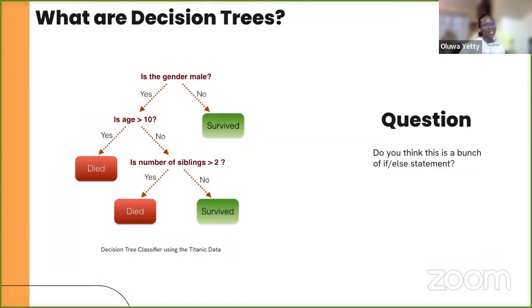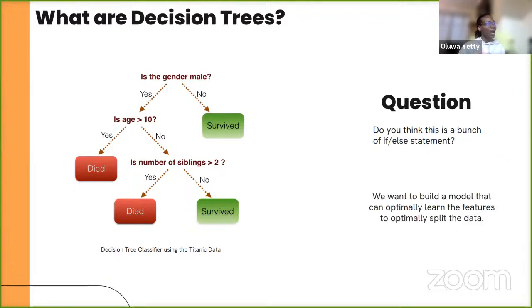I'll ask again if you still think it's a bunch of if else, because why are we calling it a machine learning model if this is just if else? We will get to know why. And at the end of the day, what we want to do is to basically build a path, which we can also call a model, that can optimally learn the features to optimally split the data.